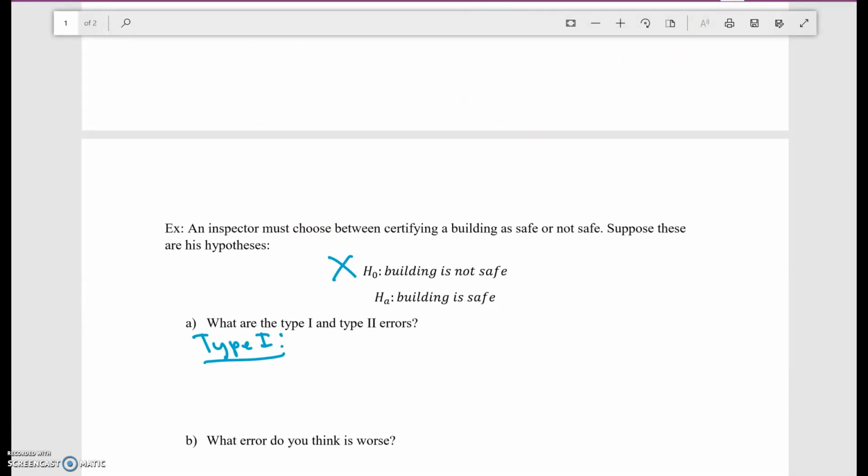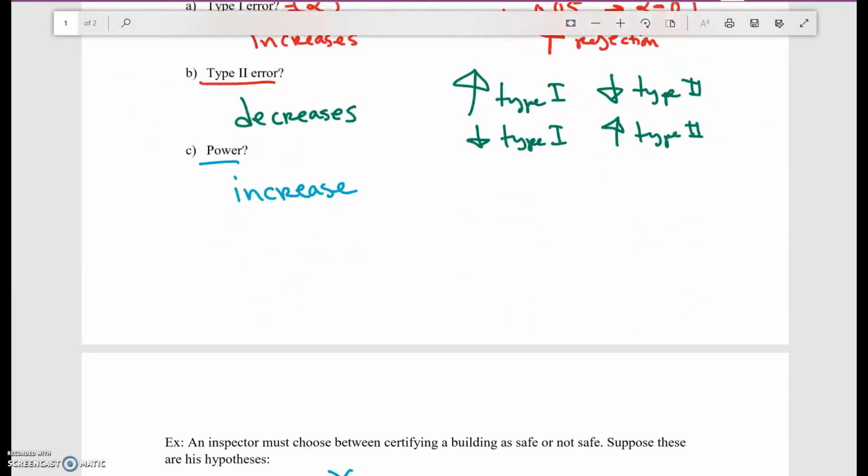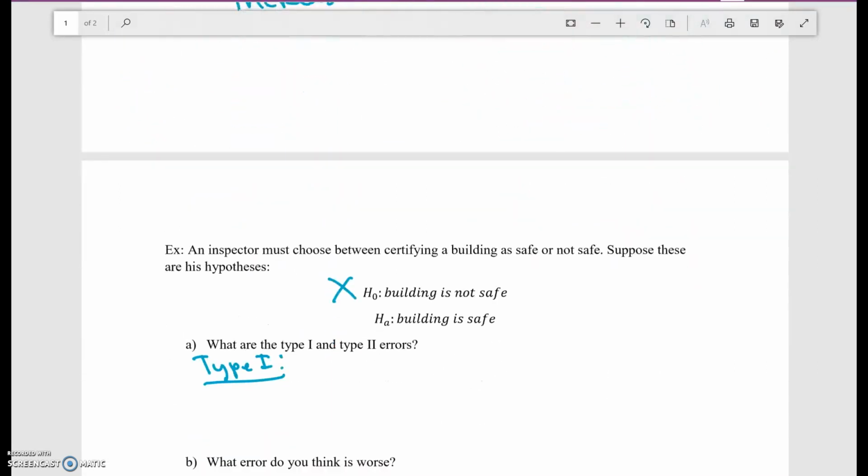So the type 1 error is rejecting when it is true. So it is true that it's not safe. So it's true, but reject. That's what my type 1 error would be.